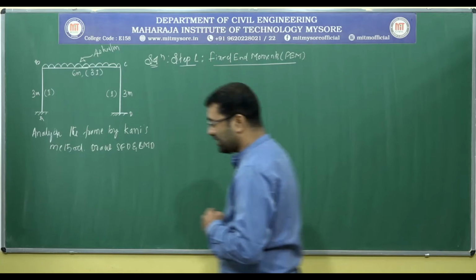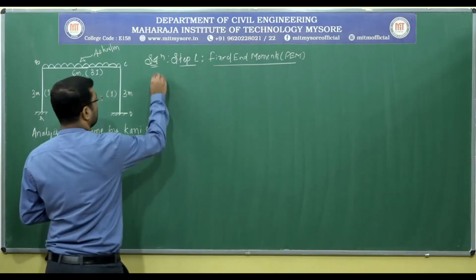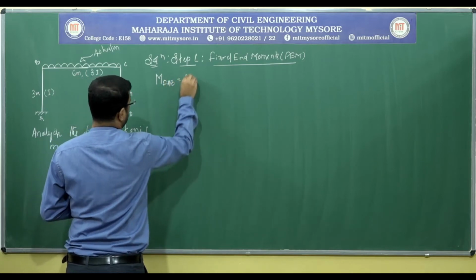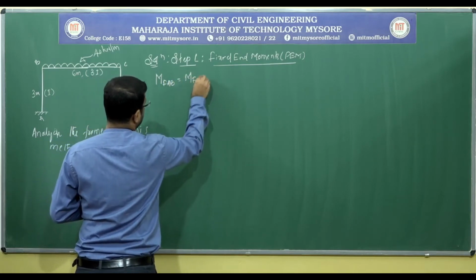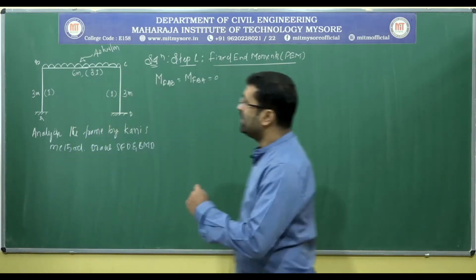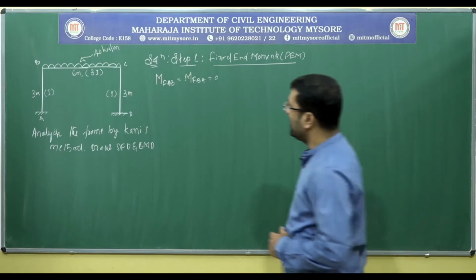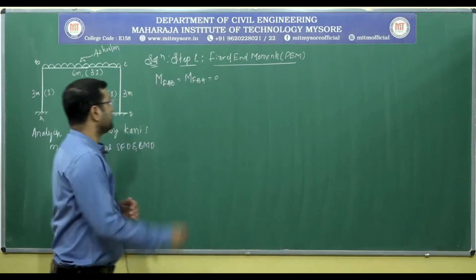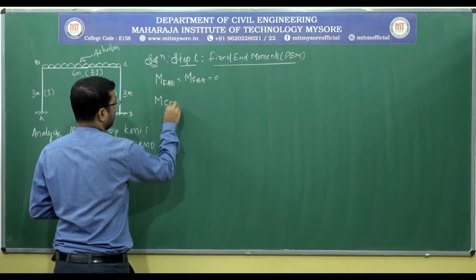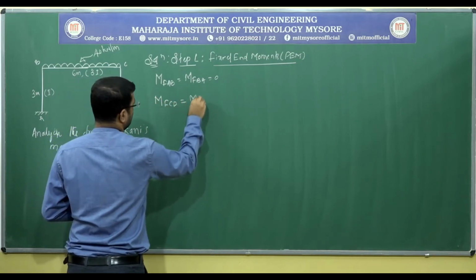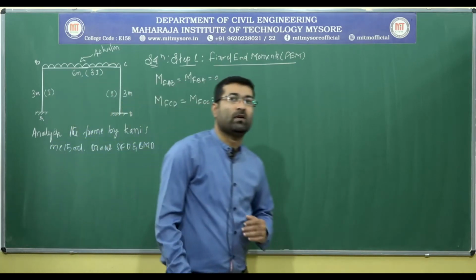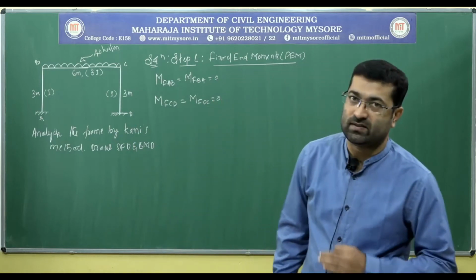So straight away I can write the fixed end moments: MFAB equals MFBA equals 0, as there are no loads on the member AB. Similarly, on member CD also no load, so MFCD equals MFDC equals 0. The fixed end moments for these two members are 0.